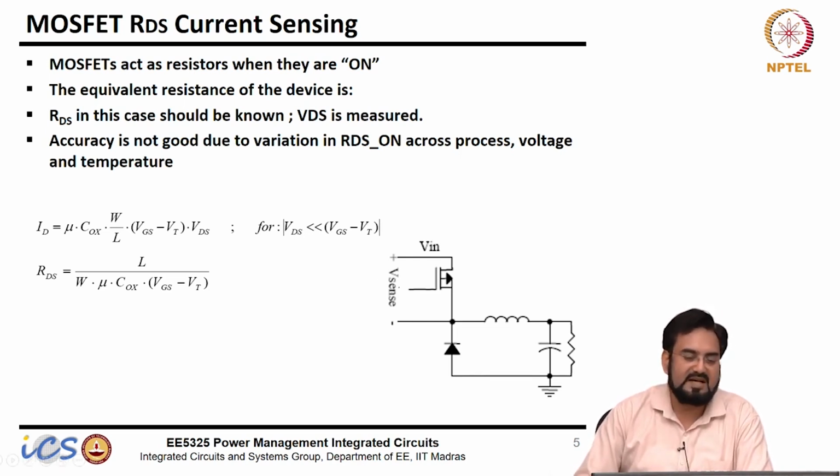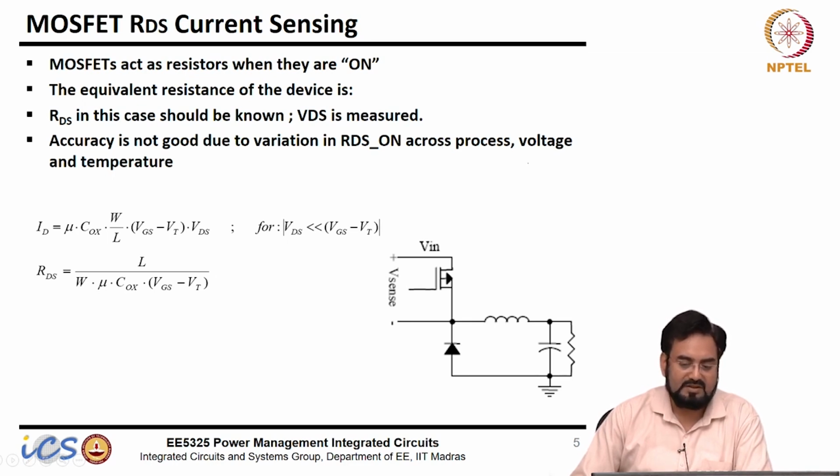But the problem is this RDS on is not fixed. It will vary with temperature because the threshold voltage may change with temperature, and process may also cause some variation. So it varies with PVT and it's not very accurate.